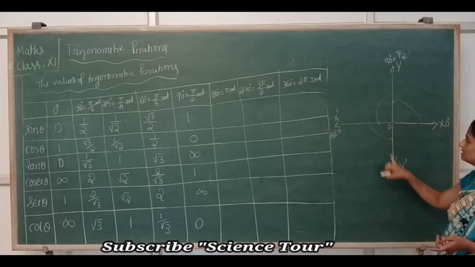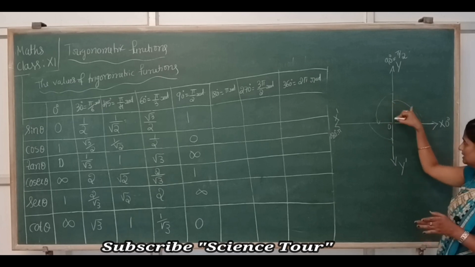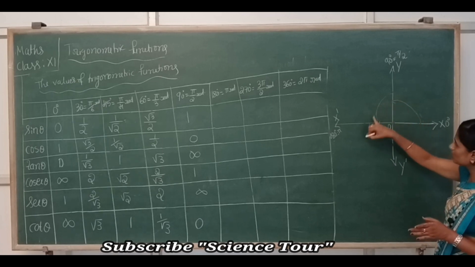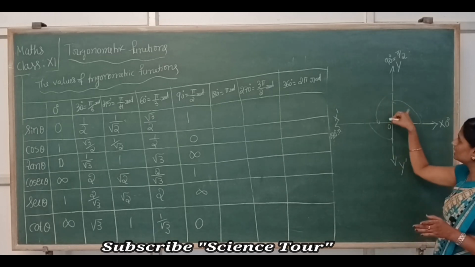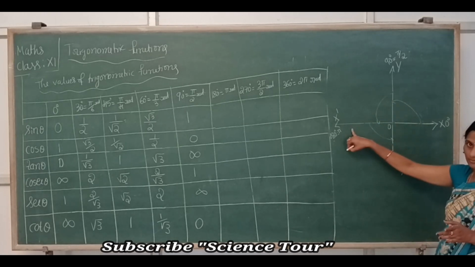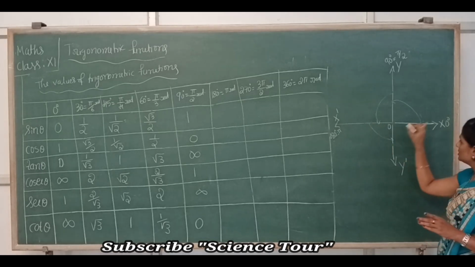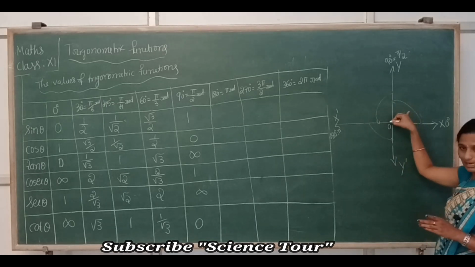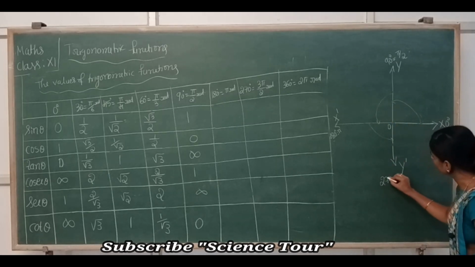Here to here the angle is 90, and the next is also 90, so from the beginning the total is 90 plus 90, which is 180. Similarly, the next quarter is 90 degree, so from the beginning 90 plus 90 plus 90 is 270 degree.